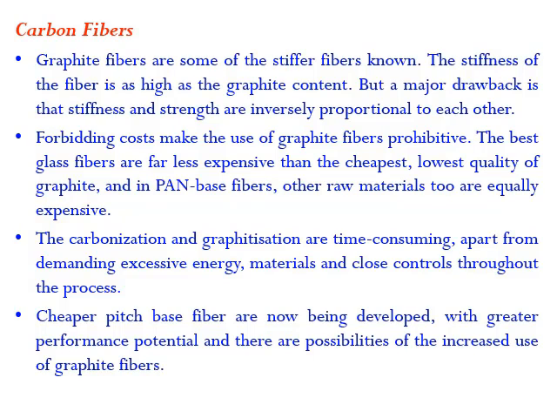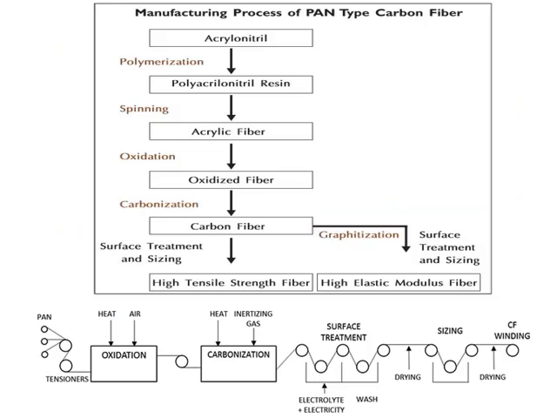So now how exactly are we going to produce these carbon fibers? Carbon fiber from PAN, that is polyacrylonitrile. There are three steps which are mainly important to produce the carbon fibers: one is stabilization, one is carbonization, one is graphitization.